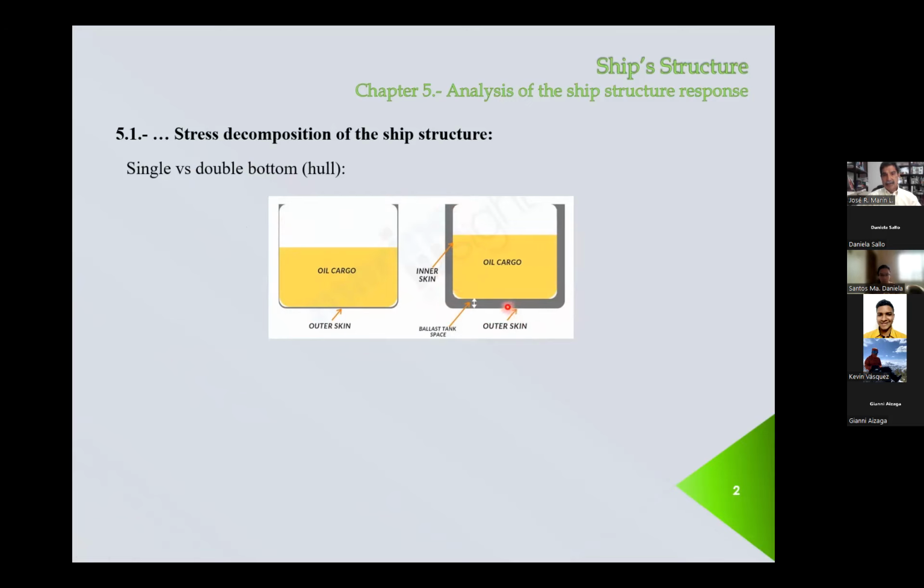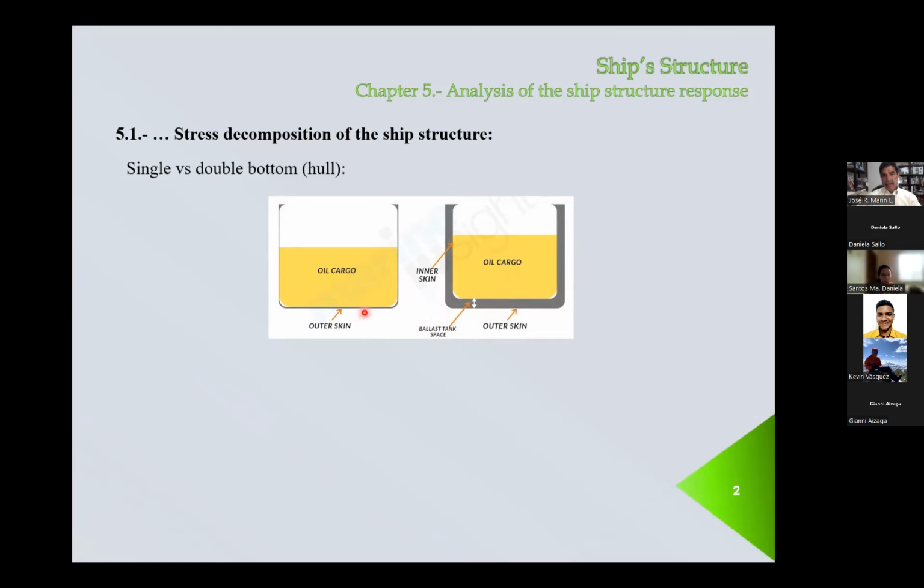So this space here, in some cases, is used to carry ballast water. For example, when a tanker delivers its cargo, the draft is very small, low. So to increase the draft, you put ballast water in this tank.